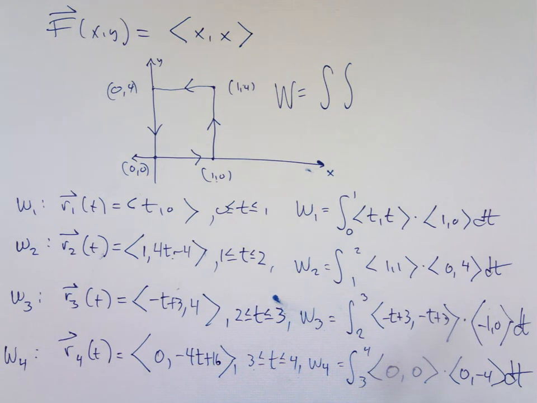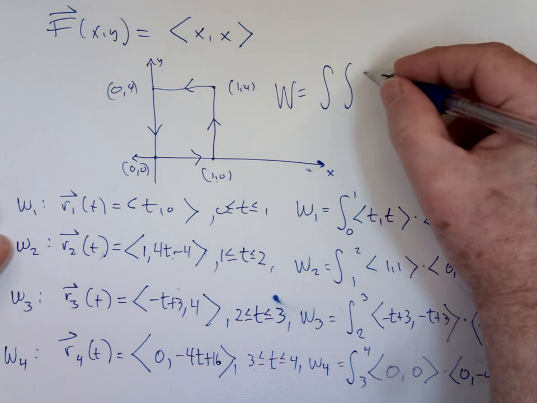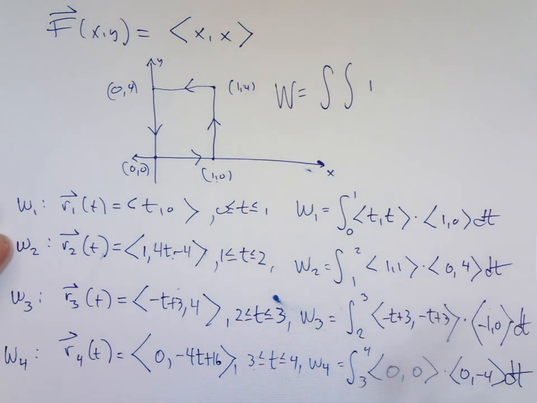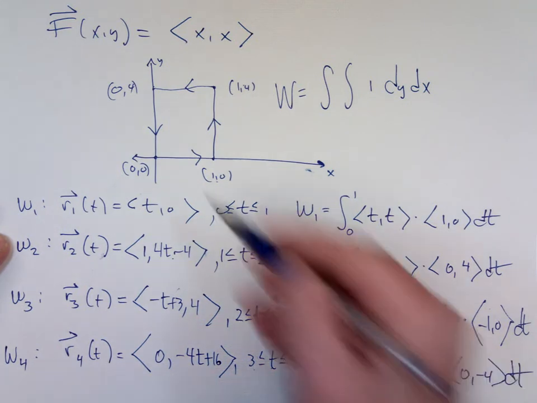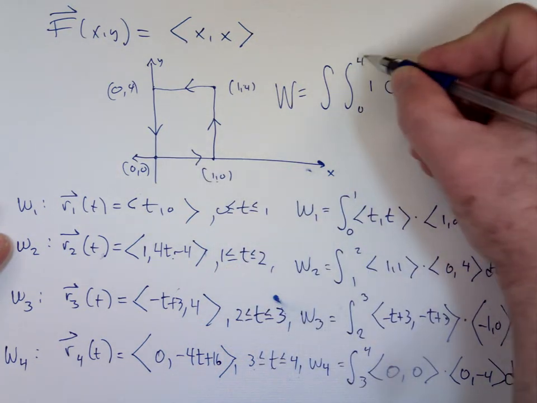So, okay, what do you do? You take the partial of n with respect to x, 1, minus the partial of m with respect to y, 0, dy dx. And y's are going to go from 0 to 4, and the x's are going to go from 0 to 1.